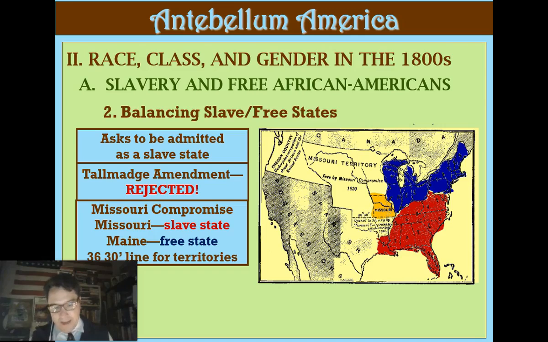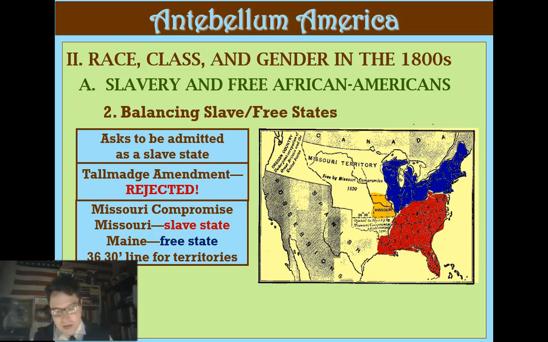But Clay knew that he had to make a plan for the future in order to avoid being in the same situation the next time a new state wanted to join the Union. And so, after much deliberation, he proposed that future states north of the 36°30' parallel, that is, the southern border of Missouri, should not allow slavery, and that future states south of that line should allow slavery.